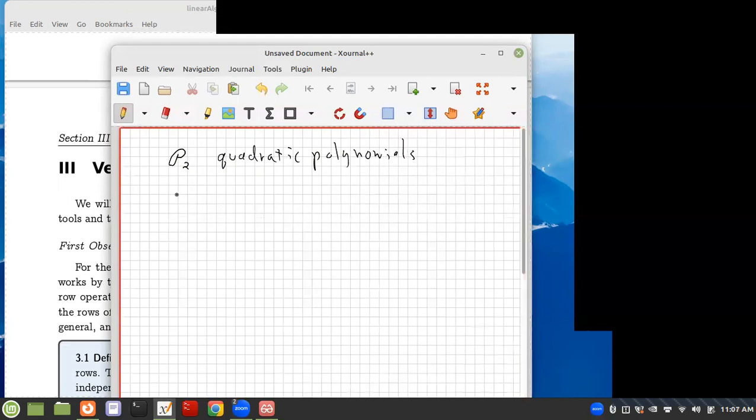Let's say we have a set of vectors: 1 plus x, 1 plus x squared, and 1 plus x squared. Now, are these linearly independent?